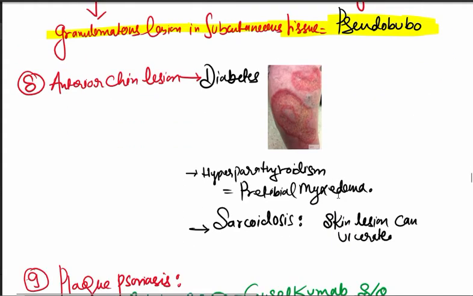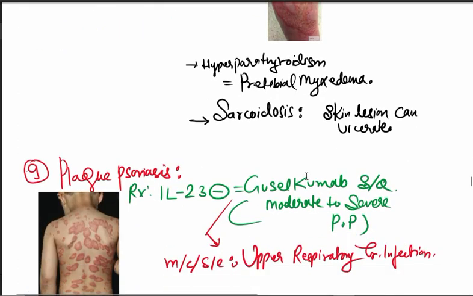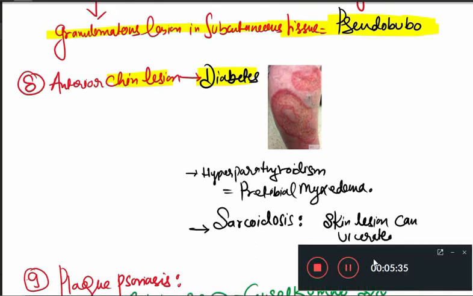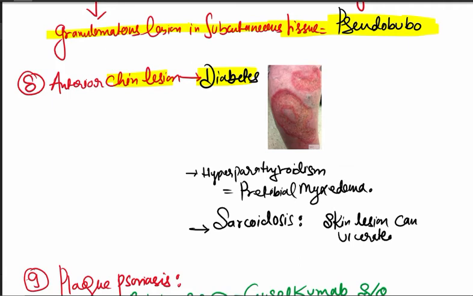Next one, this is an anterior shin lesion, seen in diabetes, and this is necrobiosis lipoidica.